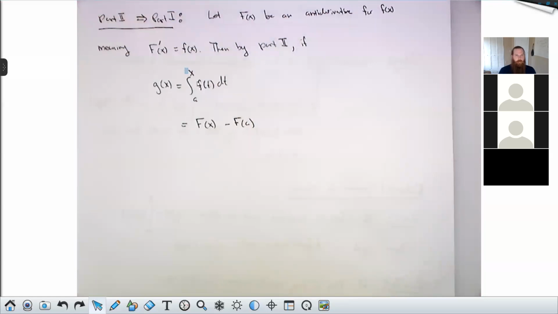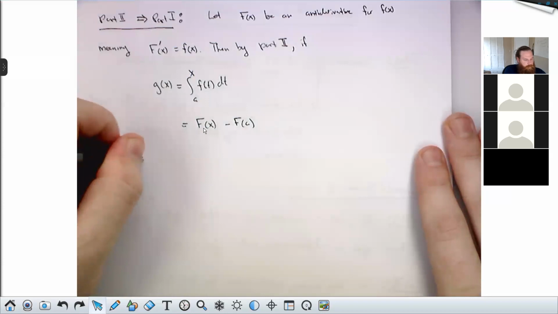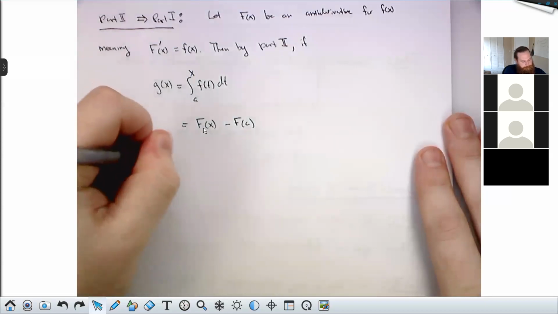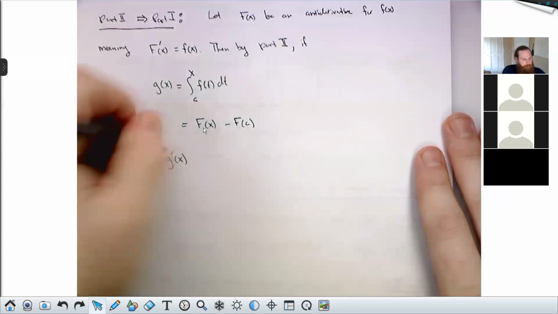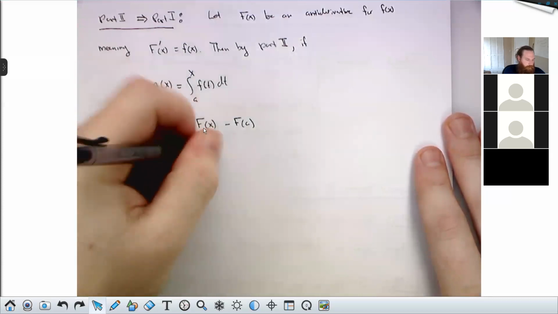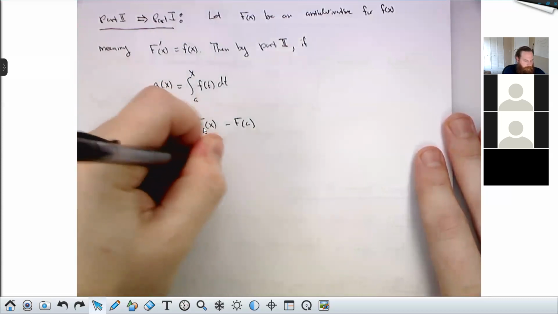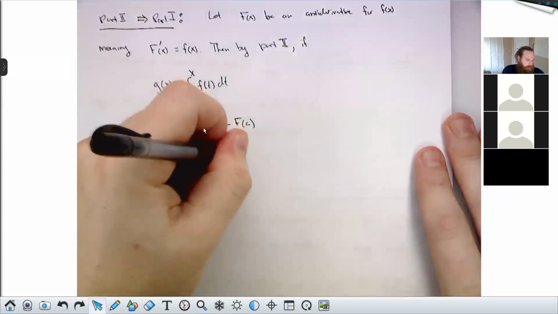Part 2 says that the integral of little f from a to b is F of b minus F of a. So here we're just using x in place of little b. Now if we differentiate, that would be the same as differentiating this.